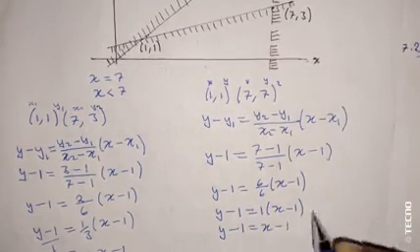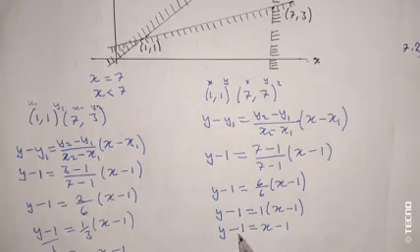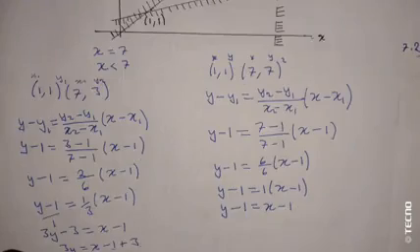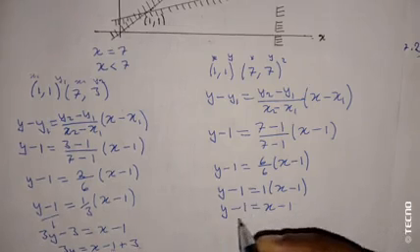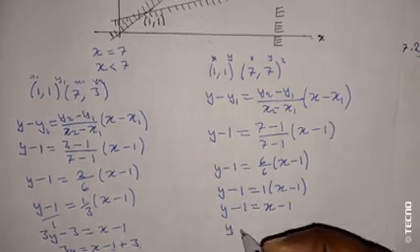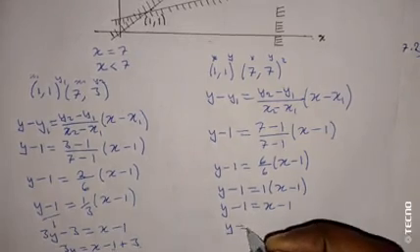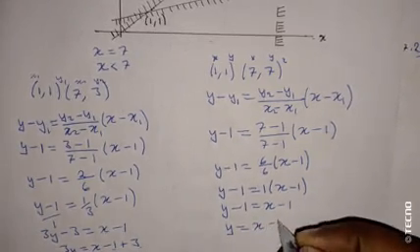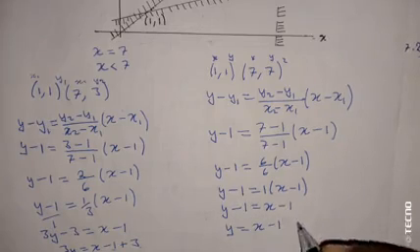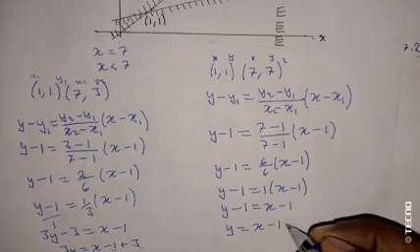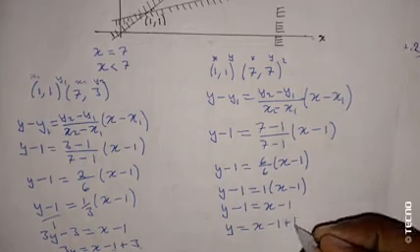We transpose this to the other side. It will be y is equal to x minus 1, then this negative 1, once it comes this side, will be a positive, so plus 1.